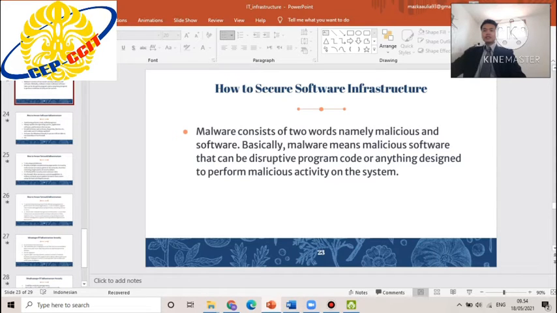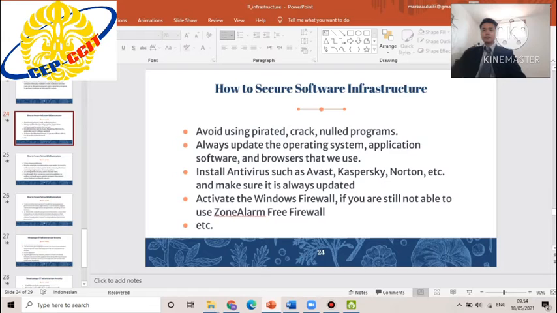Malware consists of two words, namely malicious and software. Basically, malware means malicious software that can be disruptive program code or anything designed to perform malicious activity on the system.